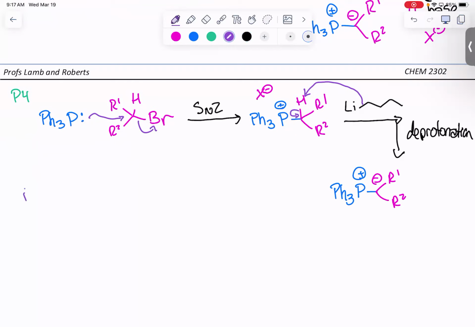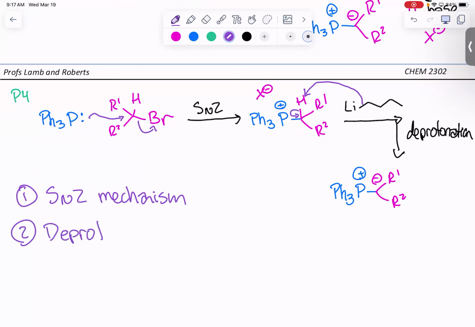Right, so the first mechanism is just an SN2. That's the first step. And then the second step to form these Wittig reagents is just deprotonation. This is a super, super common reaction. So R1 and R2 are going to be so many things. We're going to see a lot of different groups there, and we'll show some different examples as well. All right. And let me just include the counterions here.